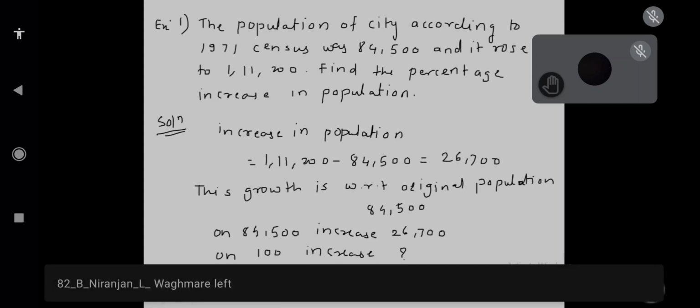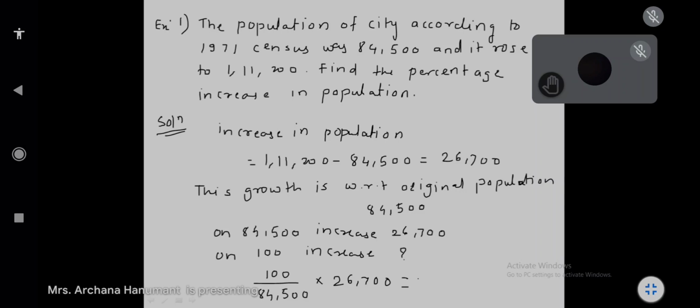Answer is 31.6. So the percentage increase in population over the decade is 31.6.